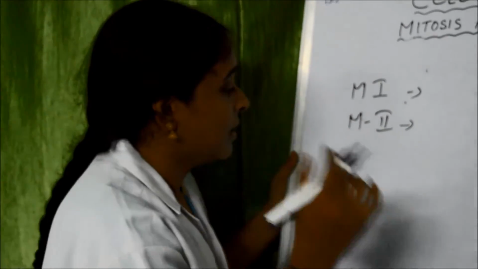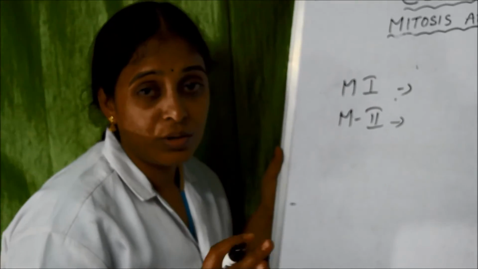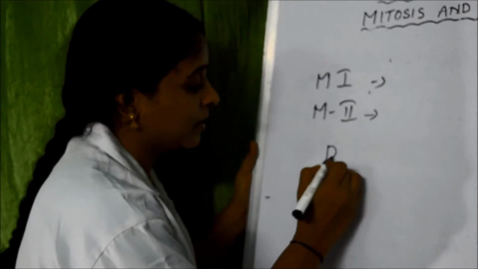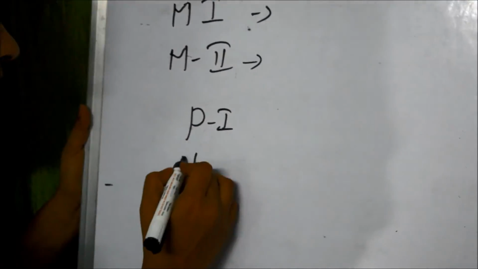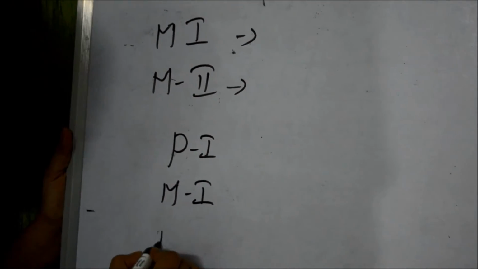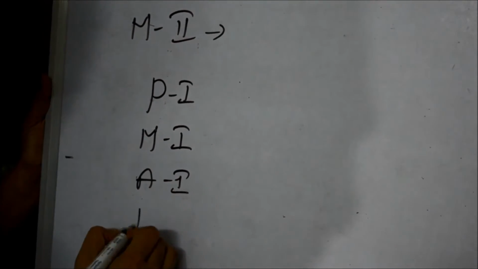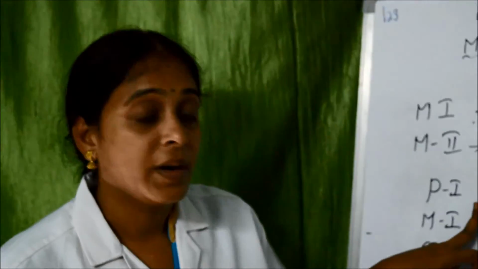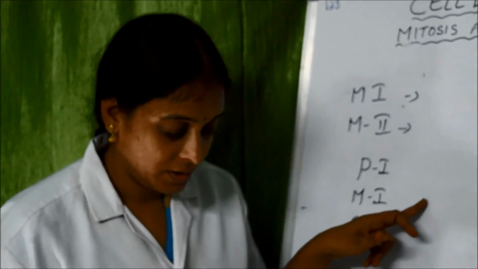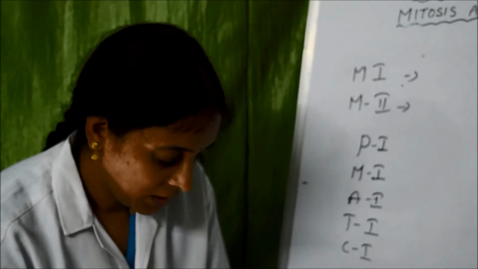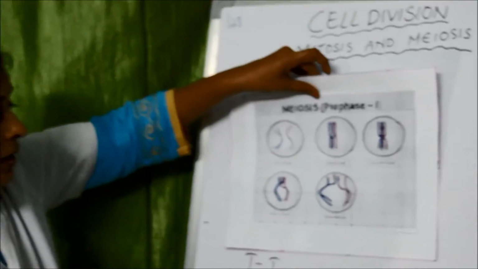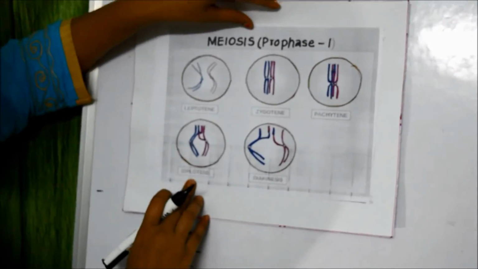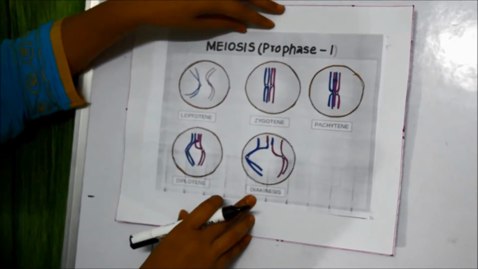Meiosis also goes through stages: prophase 1, metaphase 1, anaphase 1, telophase 1 and cytokinesis 1. To understand these changes, prophase is divided into 5 stages: leptotene, zygotene, pachytene, diplotene and diakinesis.